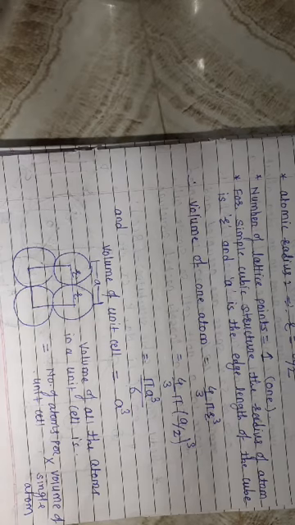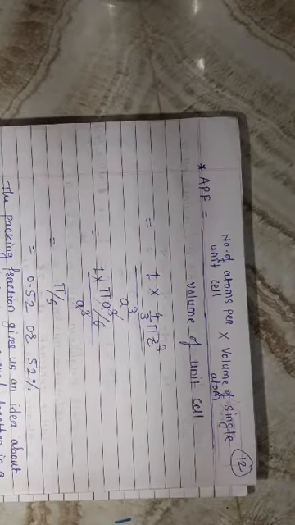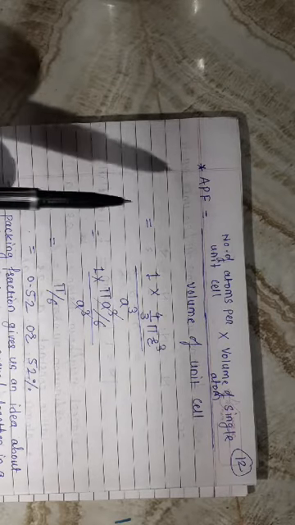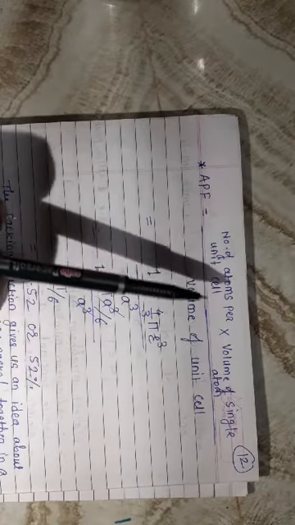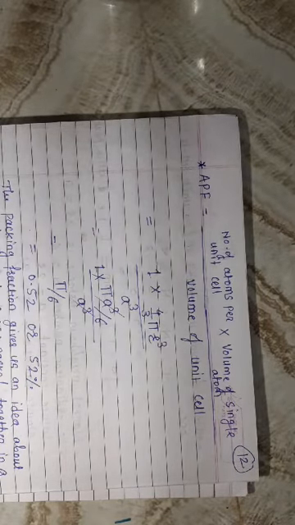Then to find the atomic packing factor, this is the simple formula: number of atoms per unit cell times volume of a single atom divided by volume of a unit cell.